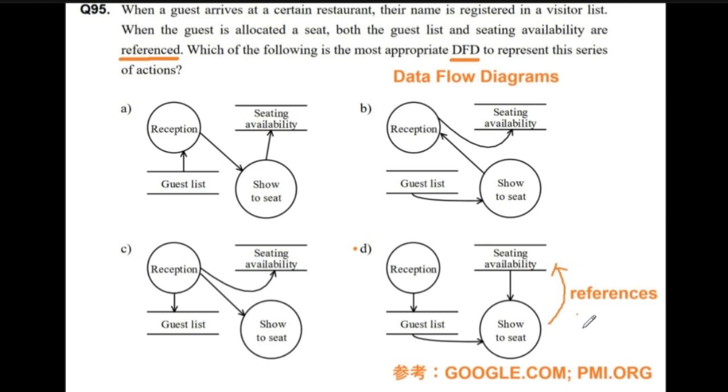And then it seems like what I put here is that if the arrow is pointing from seating availability to show to seat, that means it's referencing the other way. So show to seat is referencing seating availability. That seems to be the pattern here. So guest list is referencing the reception. And I think that kind of explains why we got letter D in the end.